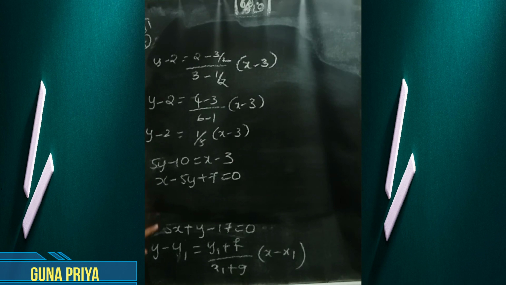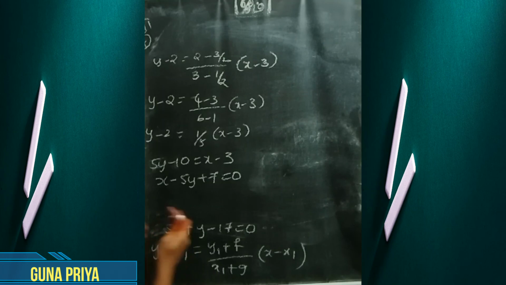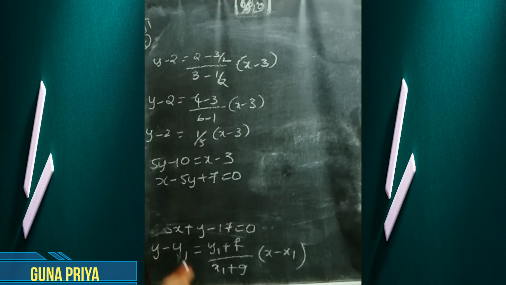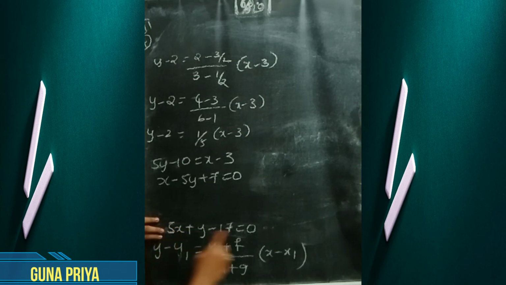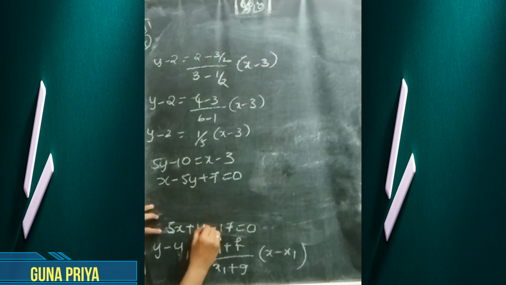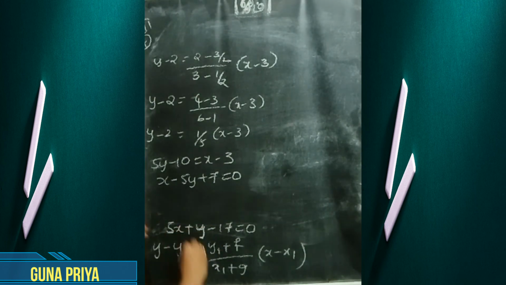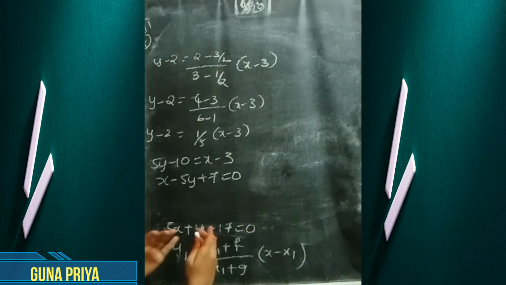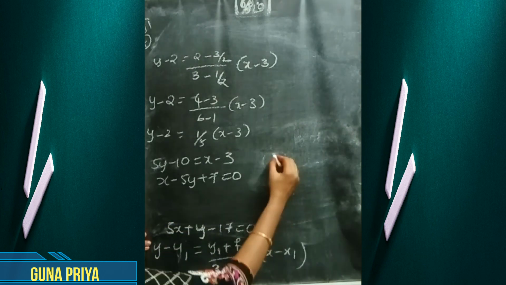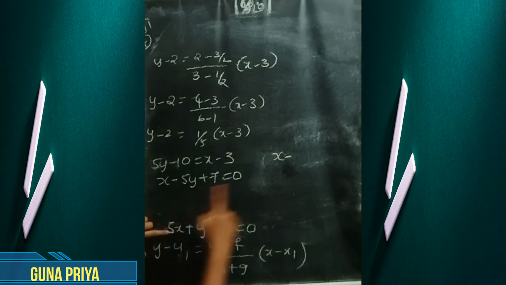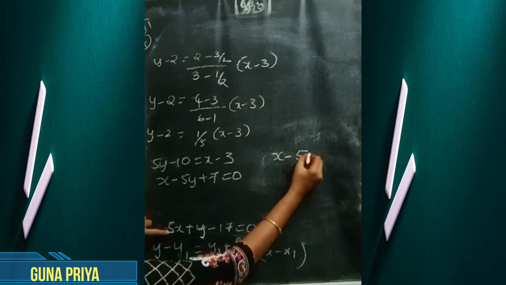Okay, we have found this is the equation of tangent and this is the equation of normal. There is another method to find out the equation of normal. This is the equation of tangent. So we have to convert this equation to a normal, which is x minus 5y. Why?